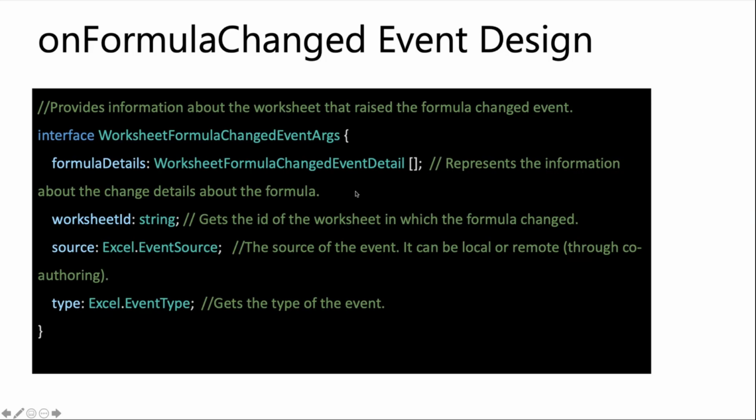So if you copy and paste a big range, it can be supported. But we have a limitation. As you know, the payload size is 5 megabytes, actually less than 5 megabytes. It can't be too big. But yes, we support multiple range, multiple formula changes. Thank you for a good question.